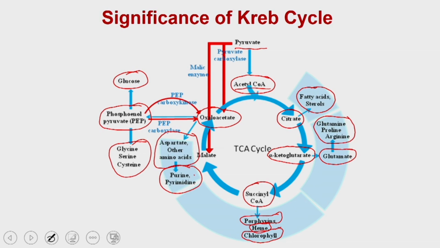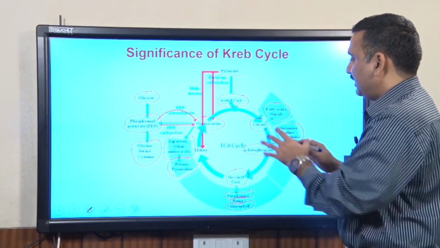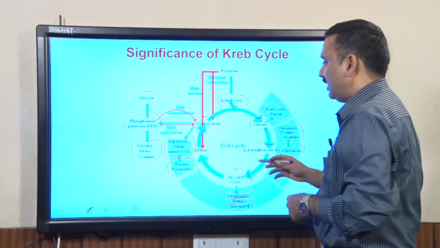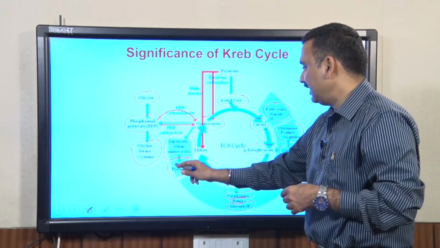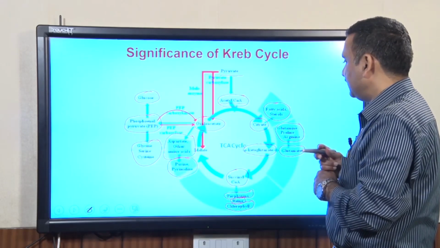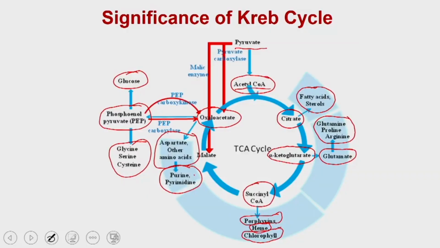So, as you can see, the TCA cycle is a central pathway. On one side it is linked to the amino acid pathway, on the other side it is linked to the nucleotide biosynthesis pathway, and on the other hand it is linked to fatty acid synthesis.